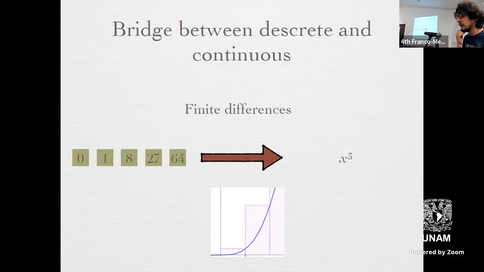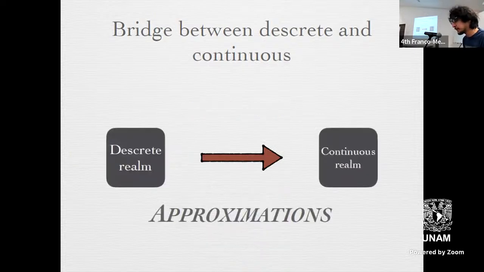So that is what we learned at school with quadrature. The same reasoning. So in all this view, we can deduce that the bridge between discrete and continuous is based on the notion of approximation.